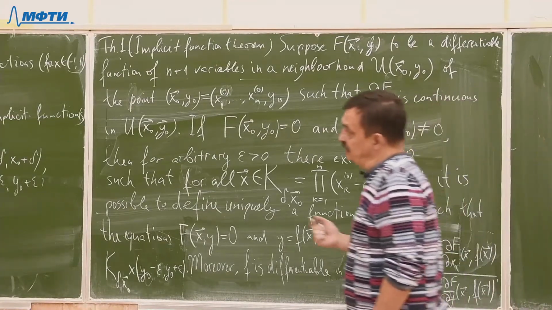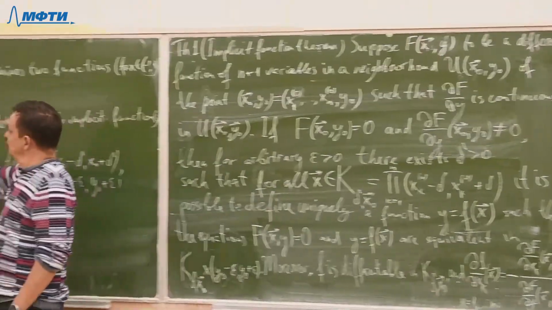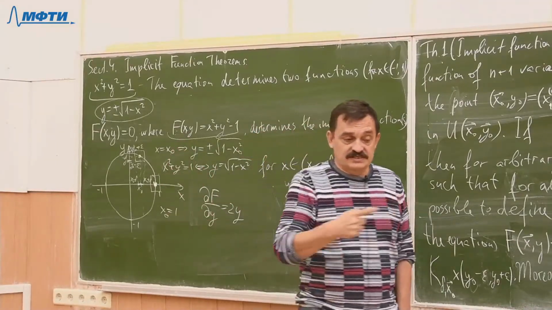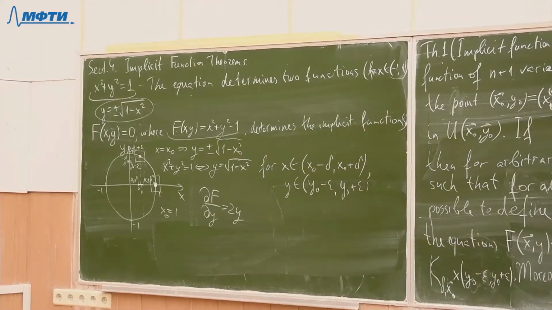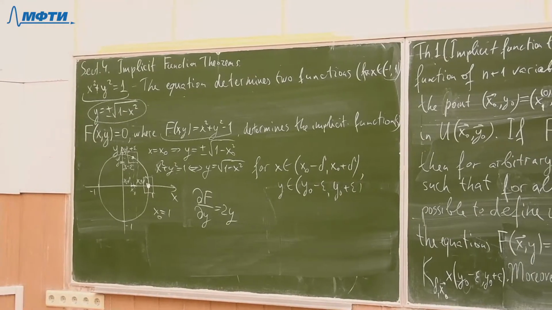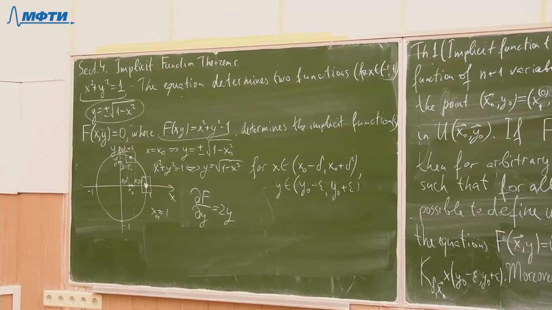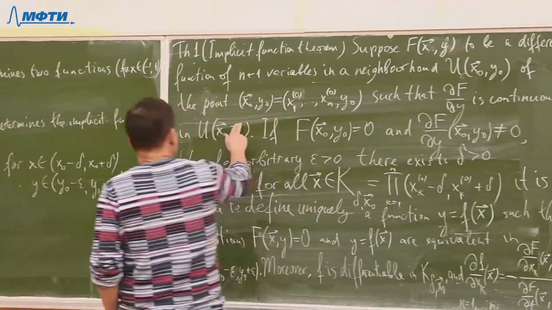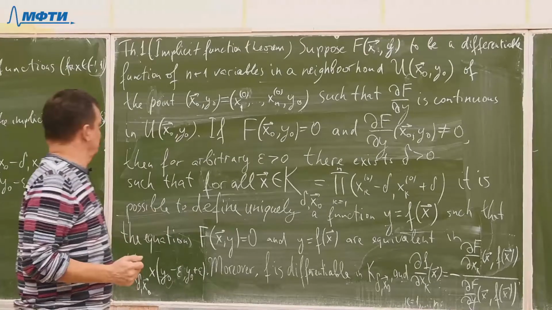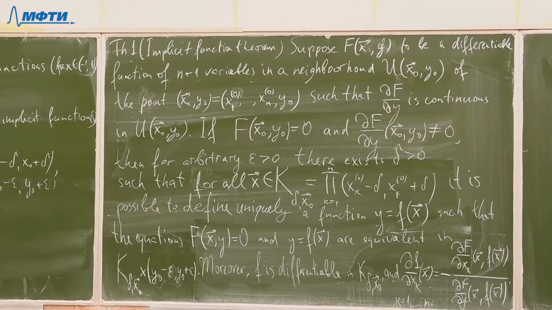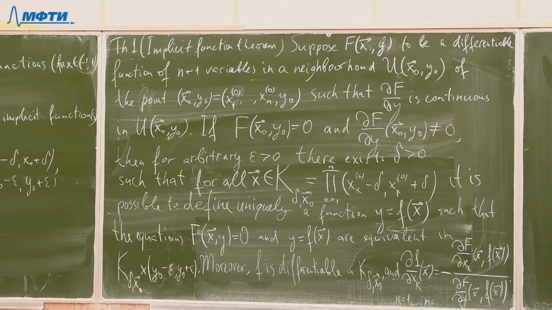Like here we had two variables, but instead of one x we could consider several variables. In the fourth line, oh, sorry, that is a mistake, a misprint. Thank you.